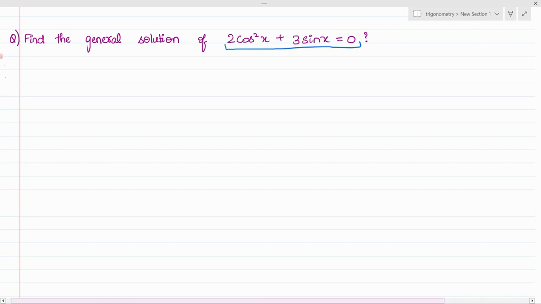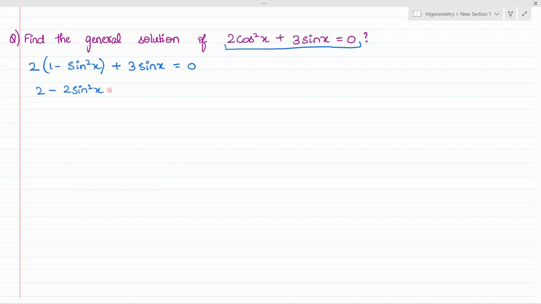Because from here, we can change easily, and also you will get these kinds of ideas upon practicing, right? As many questions as you practice, you will get that many ideas like where to change, what to change, and how. So just multiply it, you'll get 2 minus 2 sine square x plus 3 sine x is equal to 0.